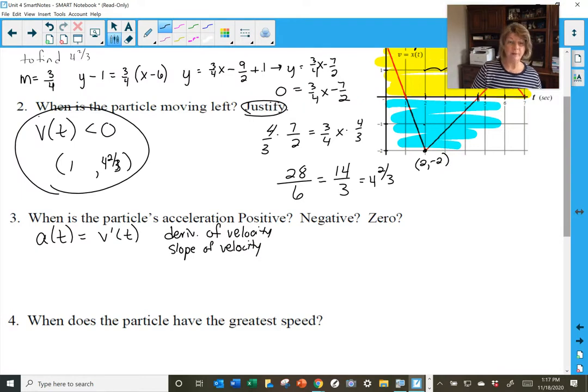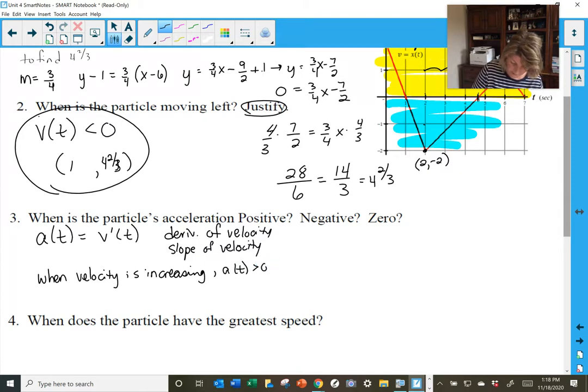So when the slope is positive, or when velocity is increasing, a of t is greater than 0. When velocity is decreasing, or the slope is negative, a of t is less than 0.